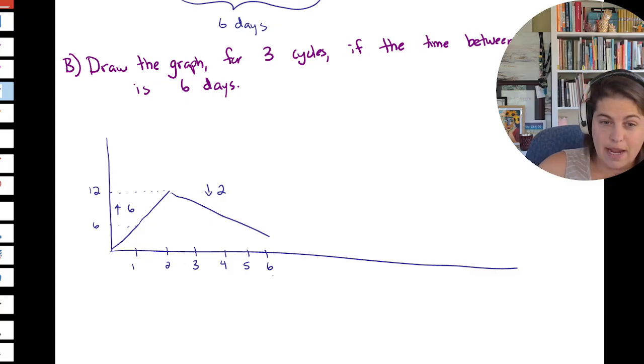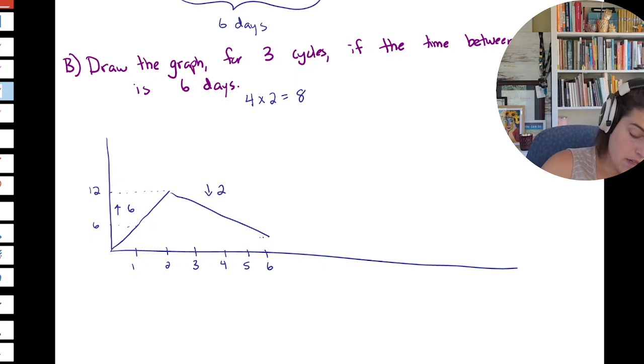We have 4 days here. We are going to go down by 8, 12 minus 8. I'm still going to have 4 units left in inventory on day 6.